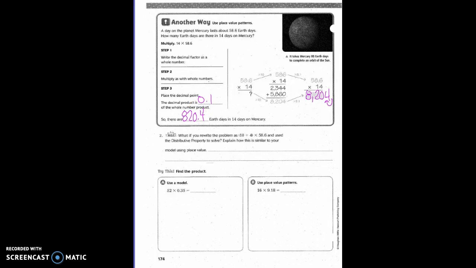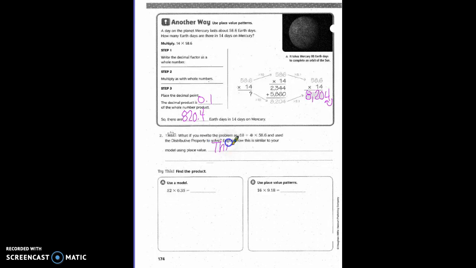What if you rewrite the problem as 10 plus 4 times 58 and 6/10 and use the distributive property to solve? Explain how this is similar to your model using place value. So basically, that's doing what, guys? It's basically like using the partial products and then adding them together, right?